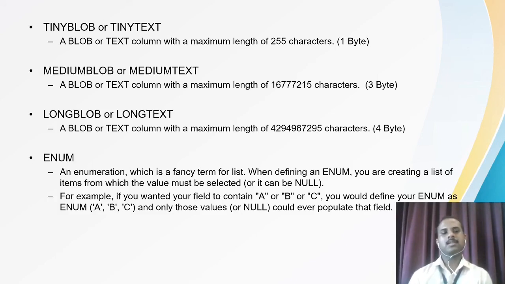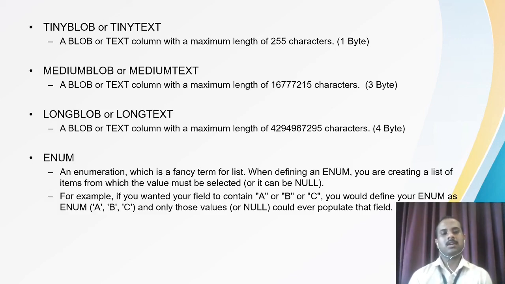Tiny blob is of 1 byte, so your length is 255 characters, and medium blob is of 3 bytes, so your length is again 2 to the power 24 minus 1, and long blob is of 4 bytes, and the number of characters it is going to hold is 2 to the power 32 minus 1.